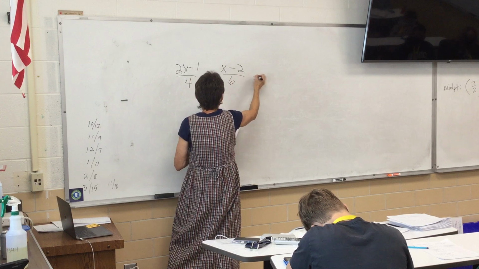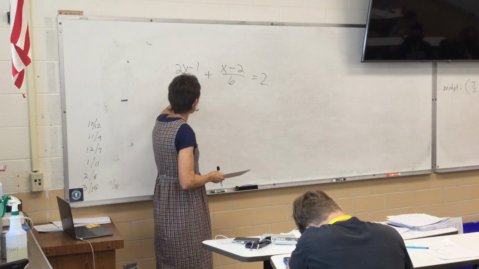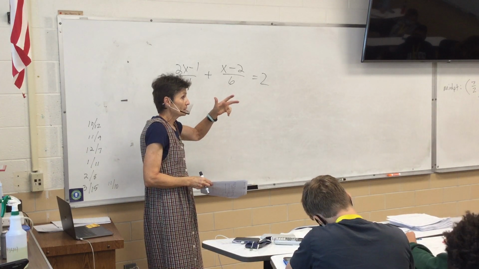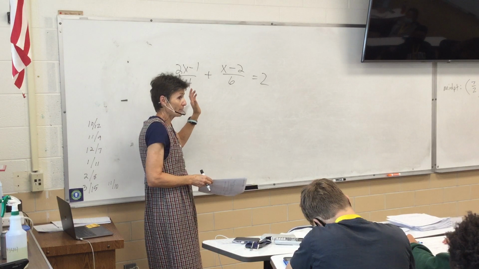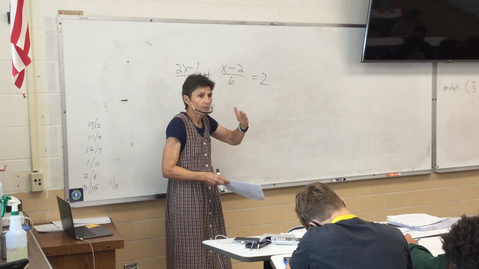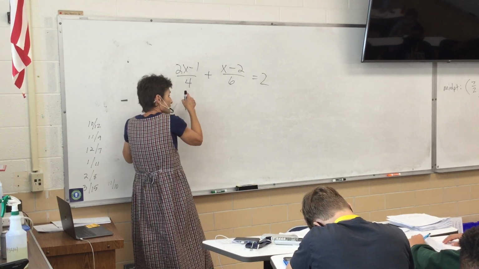So there are lots of things you can multiply by. What's one thing we could multiply by that would cancel both of these denominators? 12? Could I also multiply by 24? Yeah. Don't think there's only one number. Multiply by anything that will cancel the denominator.